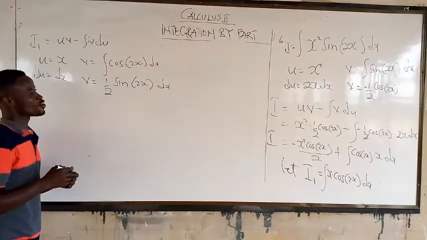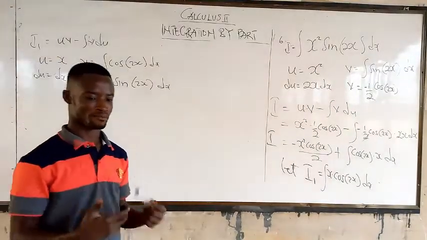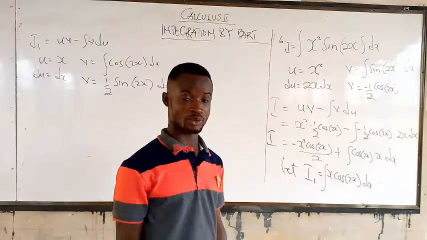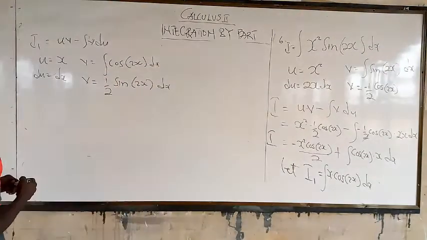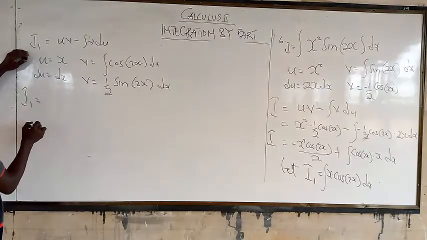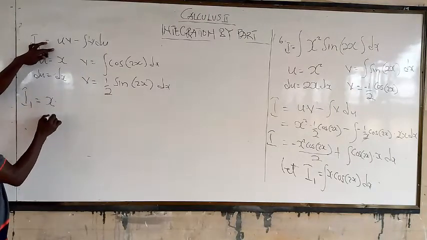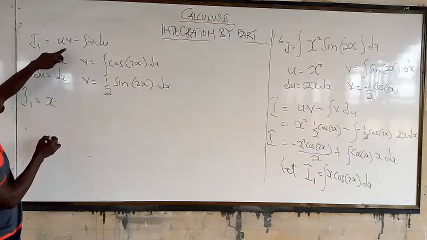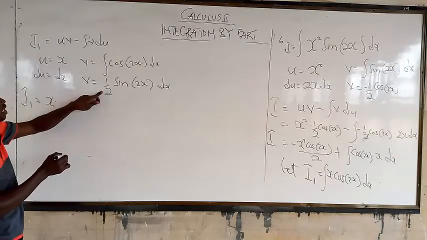In fact, we are going to see something beautiful here. By substitution, I1 is going to be equal to u, which is s, times v, which is this.